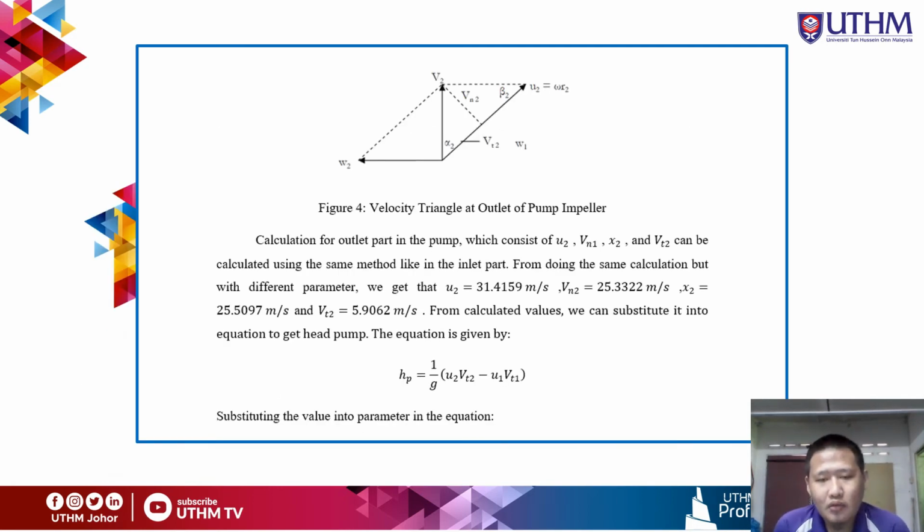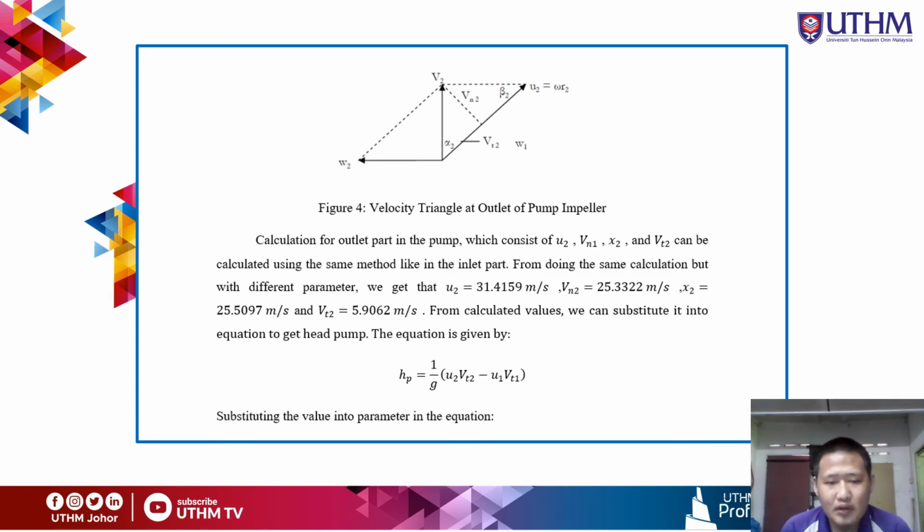After that, we can draw another velocity triangle, but at the outlet of the pump impeller. The calculation for the outlet part of the pump, which consists of U2, Vn2, X2 and Vt2, can be calculated using the same method as in the inlet part.